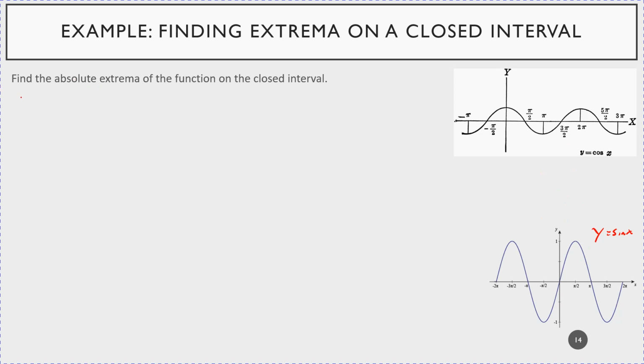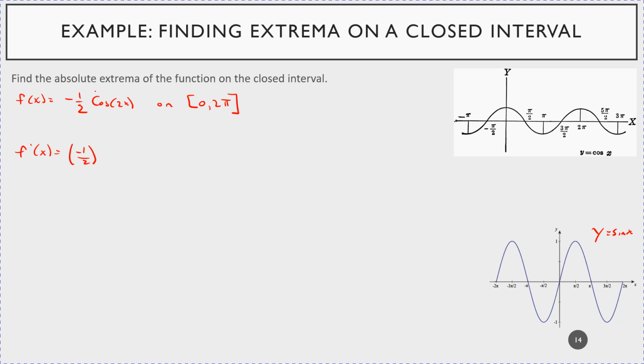All right, so let's find the extrema for f of x is equal to -1/2 times cosine of 2x on this interval, 0 to 2 pi. Okay, so again, I have to find the derivative. So f prime of x is equal to, keep that -1/2.